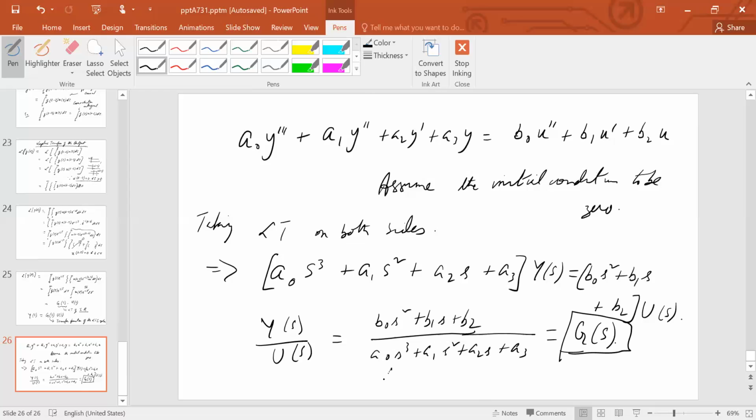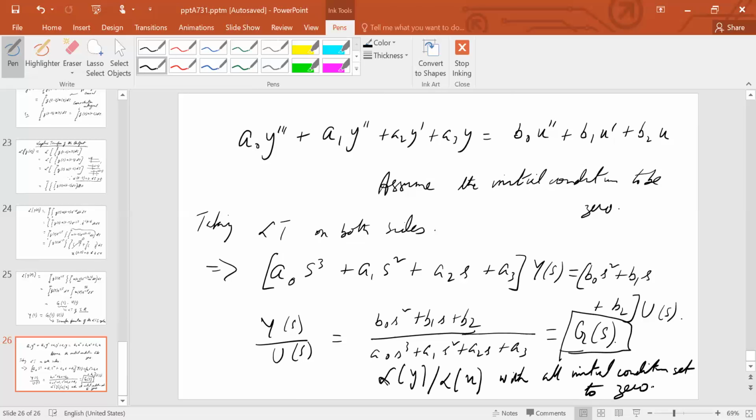So it is basically the ratio of the Laplace transform of the output by the Laplace transform of the input with all initial conditions set to 0. All right. So that is another way of seeing this.